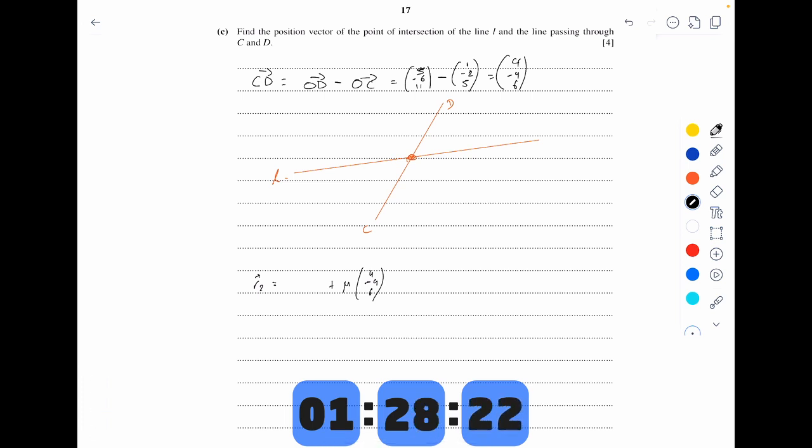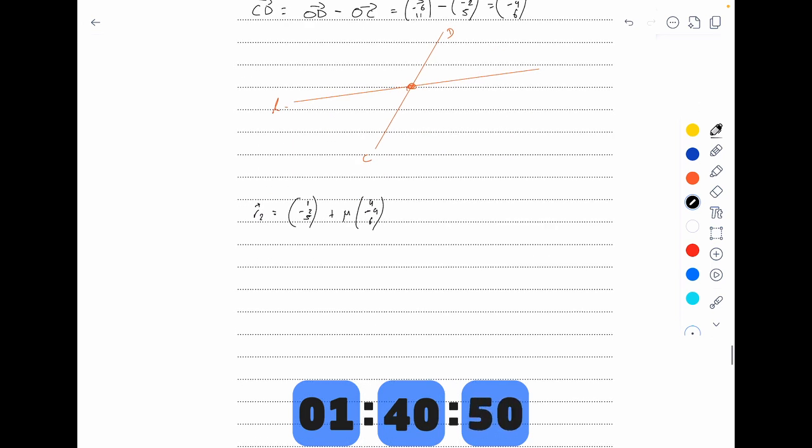So what we can then say is, 1, negative 2, 5, and therefore we can say, well, look, R2 is equal to (1 plus 4 mu, -2 minus 4 mu, 5 plus 6 mu).